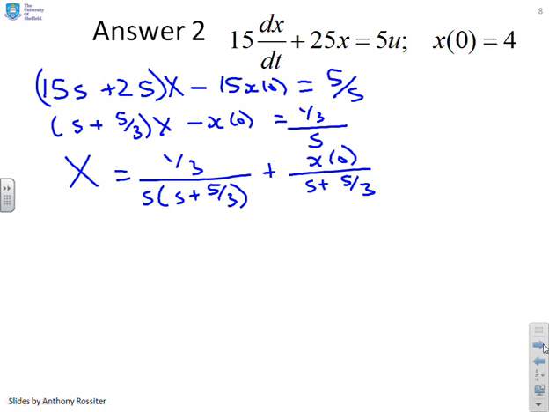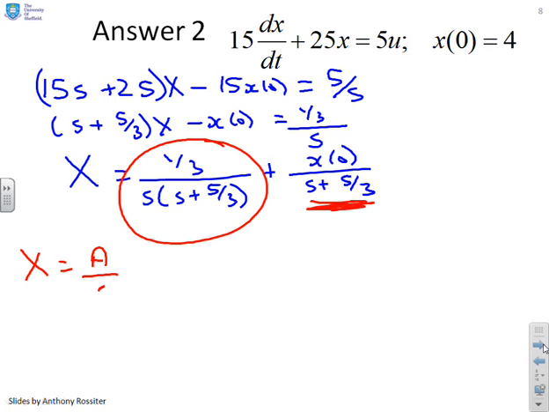So again you'll notice that we've got a term here which has got a quadratic denominator, and so that particular term we're going to need to use partial fractions to put it into the forms that are in the table. The term over here is already in the form of the table, so we don't need to do any more with it. So I can write x equals a over s plus b over s plus 5 over 3 plus x of 0 over s plus 5 over 3.